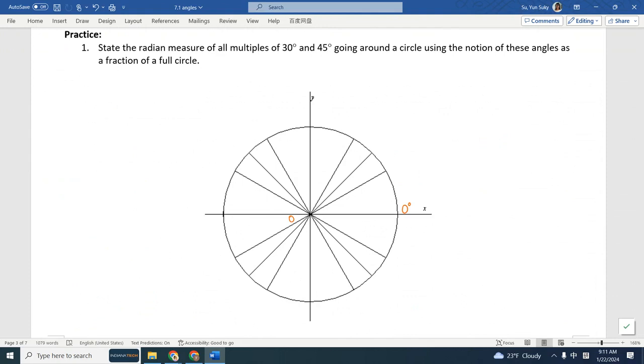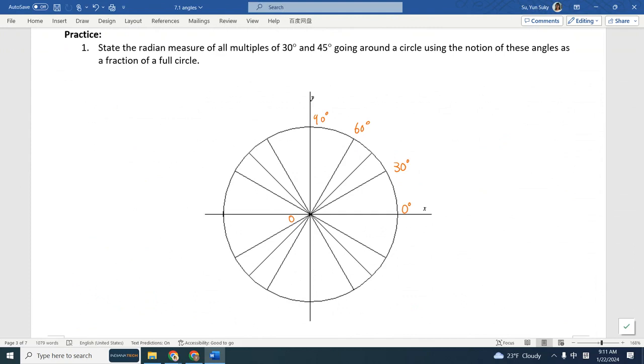Thank you. Okay, so 30 degrees is right here. And then we increase, right? So this is 30 degrees, and then here is 2 copies of 30 degrees, which is 60 degrees. And next one, this is 90 degrees, right? And we increase 30 degrees.